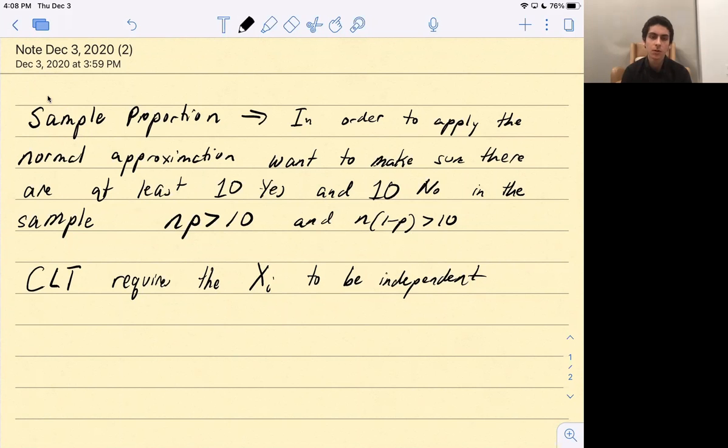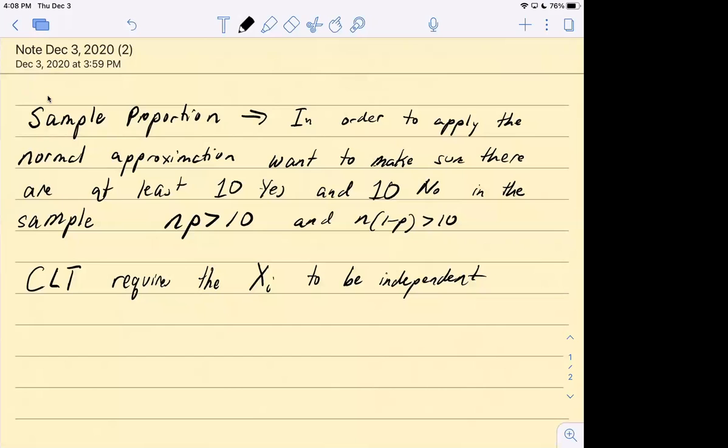Can you choose the same person twice? You cannot, right? In statistics, you pick a group of people. That's a very good question. So what can you conclude from that? Dependent, because the number of people is finite, right? That's right.